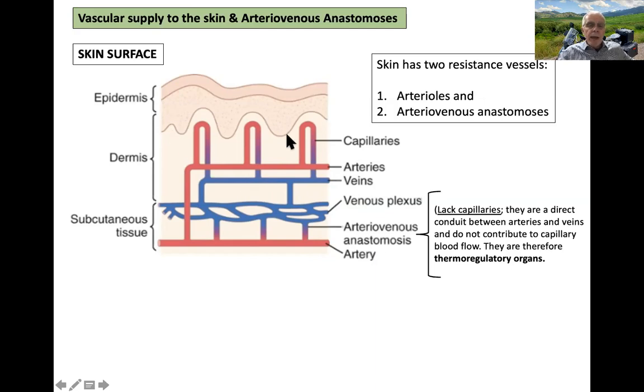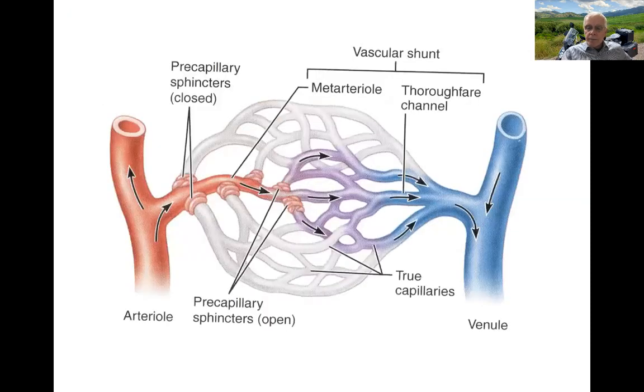But in addition to that classic arteriole, there are also present these arteriovenous anastomoses. So here's an artery, actually a small arteriole, which has a direct conduit to some venules on the other side. Now, these anastomoses, connections between arteries and veins, okay, first of all, they lack capillaries. Let me back up and show you this cartoon again.